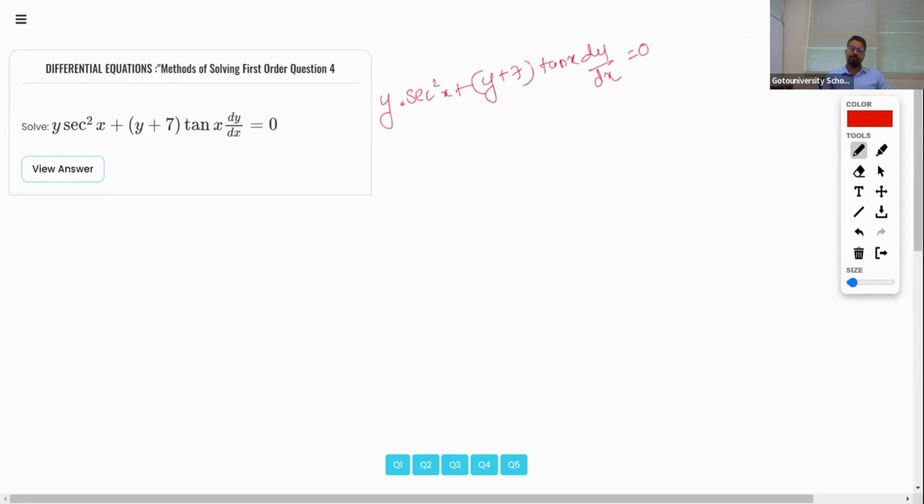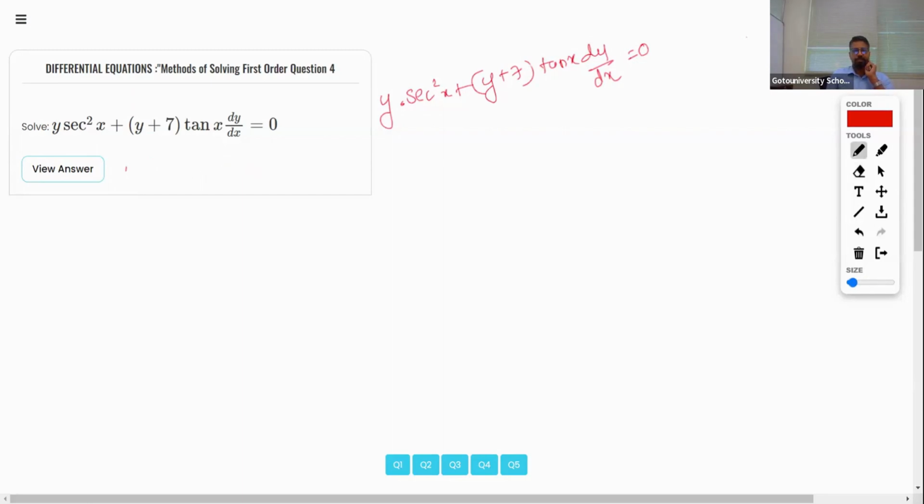Can we take y common? First y into, let me rewrite. Let me write it as y common. If you take, what will happen is secant square x, then y plus 7 into tan x. Let's first separate them. I mean, let's separate the variables if we have 0 on the right hand side, so it's easy for us.